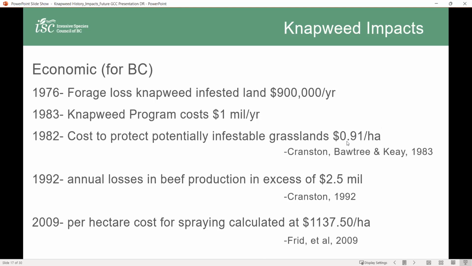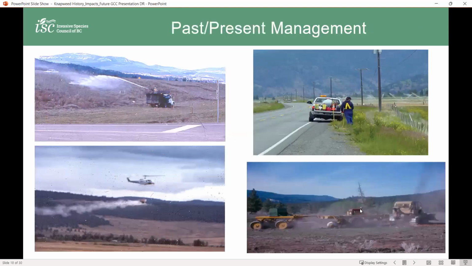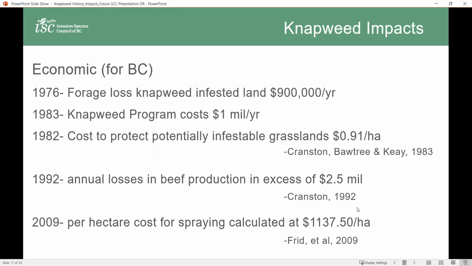And in those days, that was 91 cents. I don't know what the equivalent would be today. In '92, Cranston did some work and found that there was an annual loss of beef production in excess of $2.5 million. So that's 20 plus years ago.